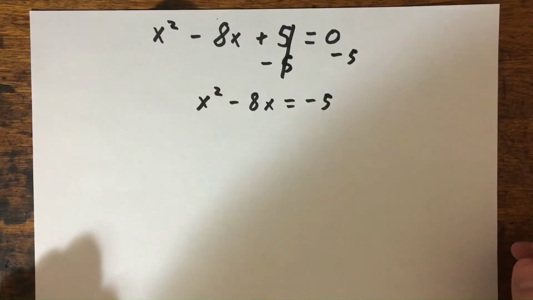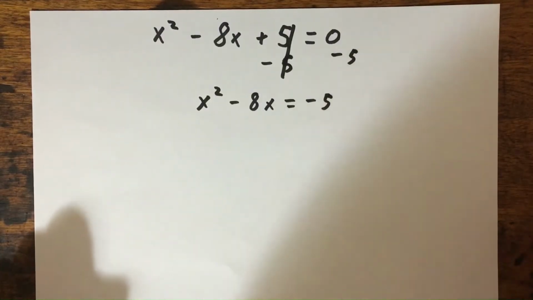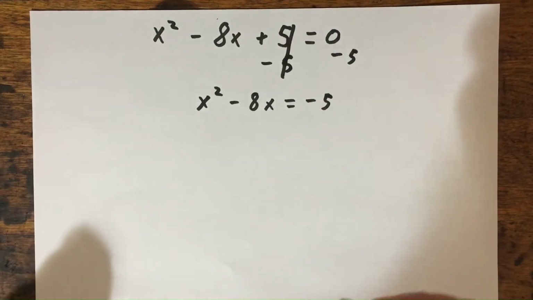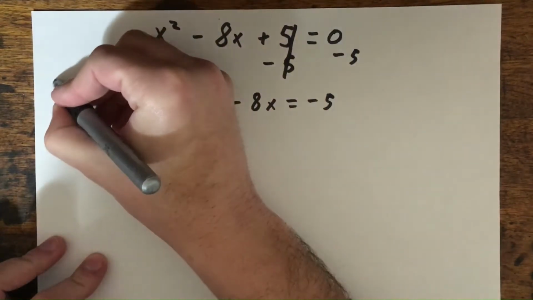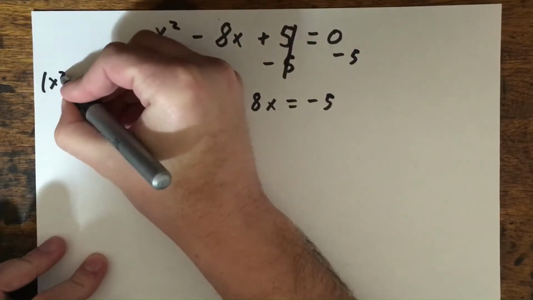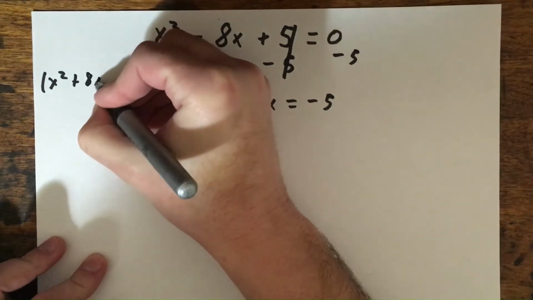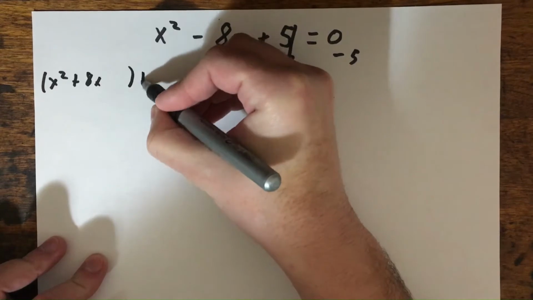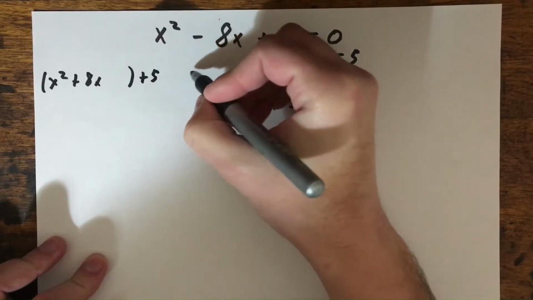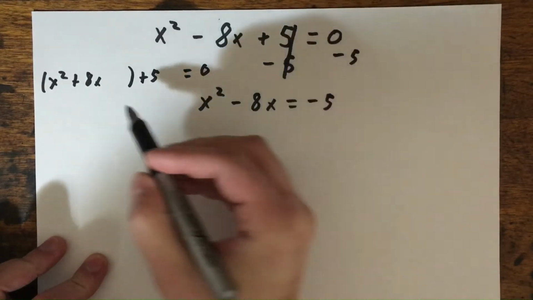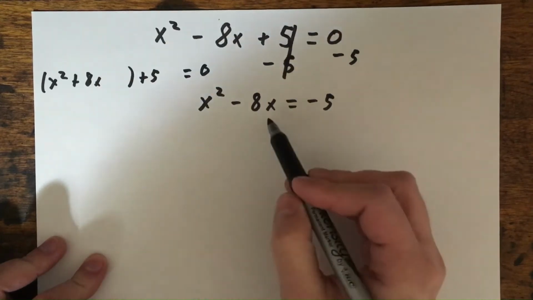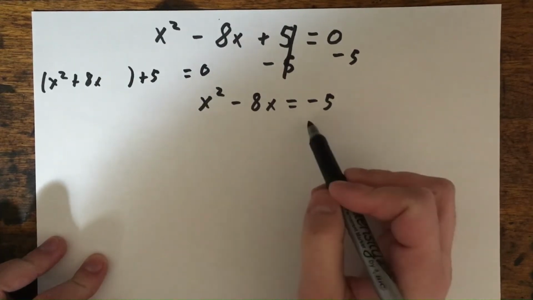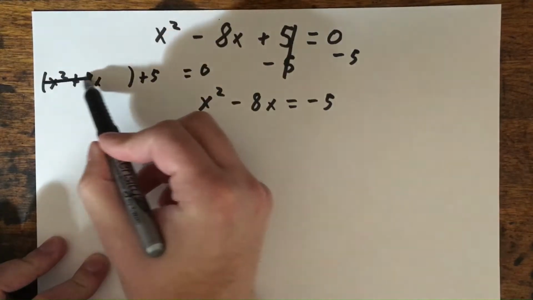Now some people prefer to rewrite the problem a different way, leaving some space like that. But I'm going to stick to this method because this is the method I prefer. So we won't worry about that.